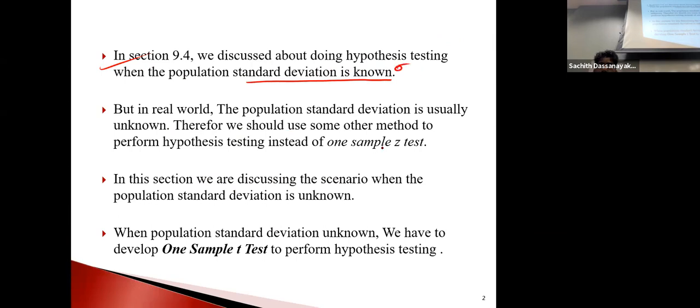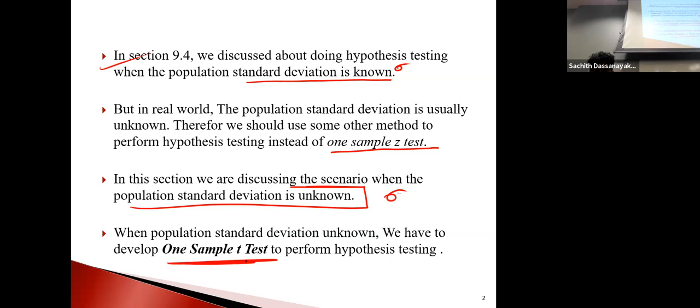So we use one sample Z test, or one mean Z test. In this case, we don't know sigma, unknown. So instead of Z test, we use one mean T test. So we replace Z stuff using T stuff.